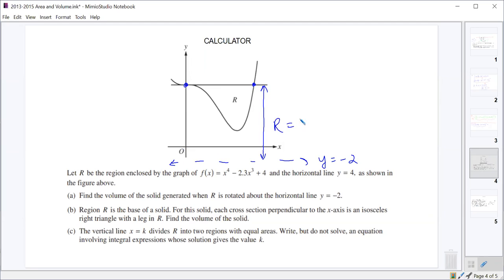Our outer radius is always 6, and our inner radius is always the distance from y equals -2 to this function. That ought to be 2 units plus f of x units. So our inner radius ought to be 2 plus f of x, and our outer radius ought to be 6.